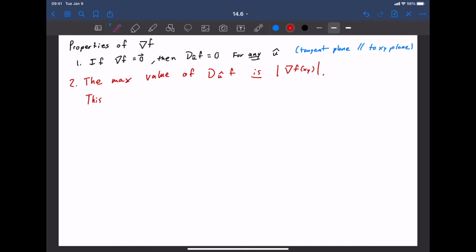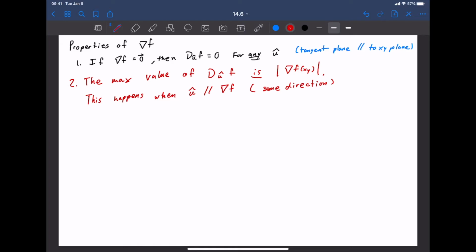This happens, still on the second bullet point, when the unit vector is parallel to the gradient vector. I don't just mean parallel, I mean actually the same exact direction, not counting anti-parallel.